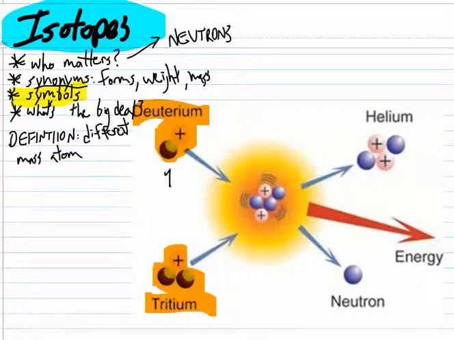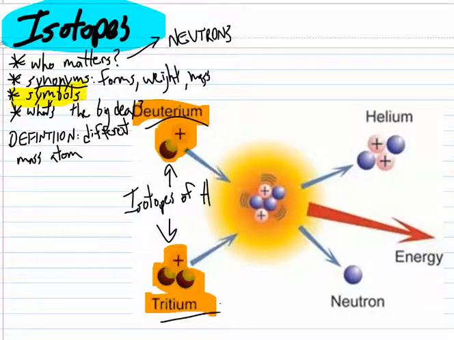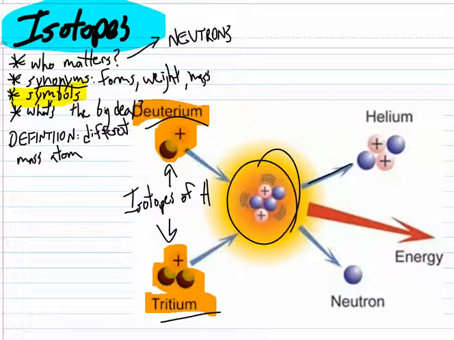So what are these both? These are both isotopes of hydrogen. So when you take these and put them together, what you wind up with is helium. So our sun is actually making helium. So if you're worried about nuclear power, or if you're worried about solar power, those are both good reasons to learn about isotopes.